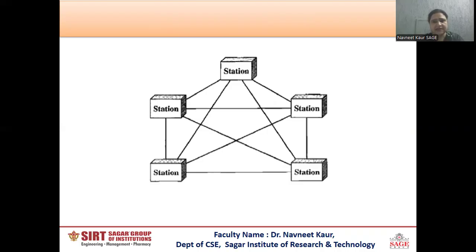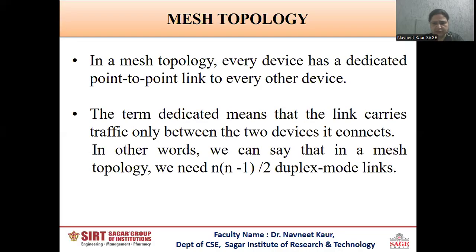Now, if I consider that these links are working in full duplex mode, that means there is bidirectional movement of the data so that both the stations can communicate data packets to each other simultaneously. In that case, one link will be used by two stations which are connected at the ends of each link. So in this case, the total number of duplex mode links required will be n into n-1 divided by 2.